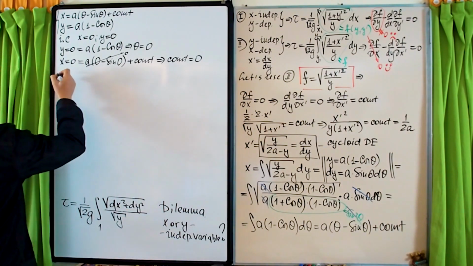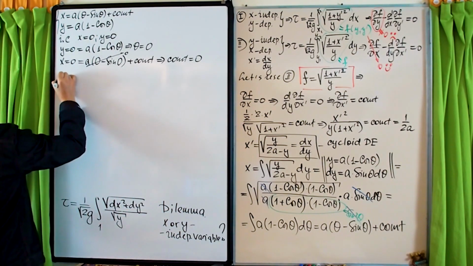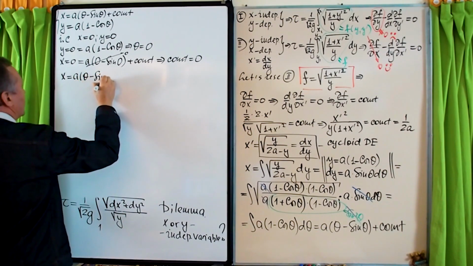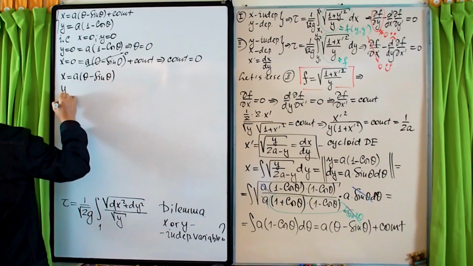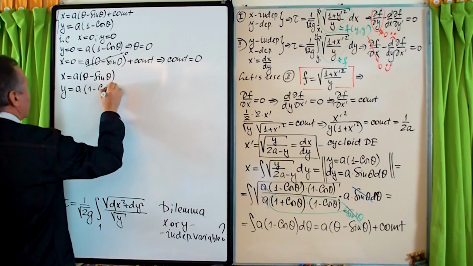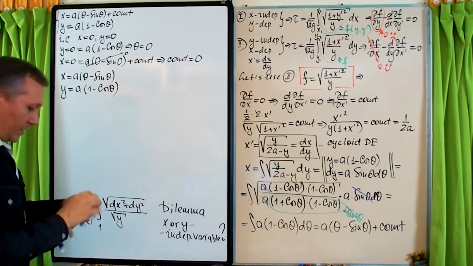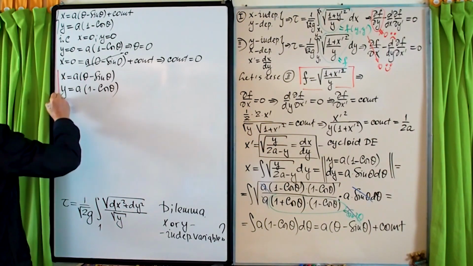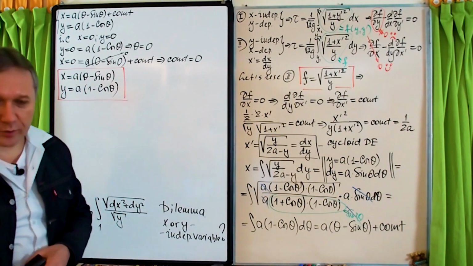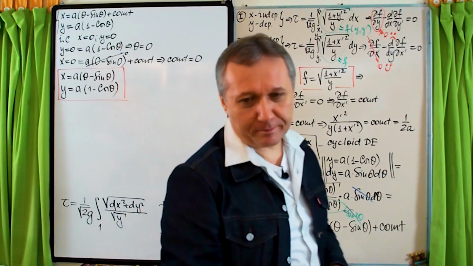Right, so now the final form of the equation: x equals a theta minus sine theta, y equals a, 1 minus cosine theta. So that's the equation of a cycloid in a parametric form.